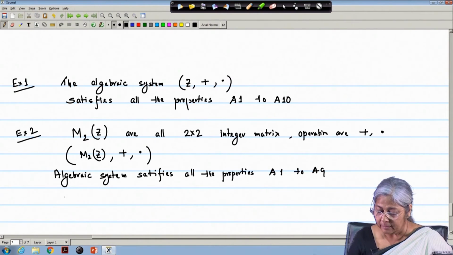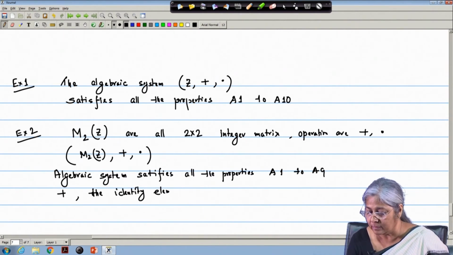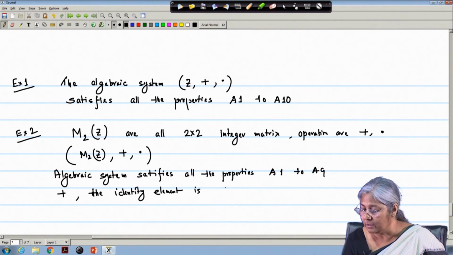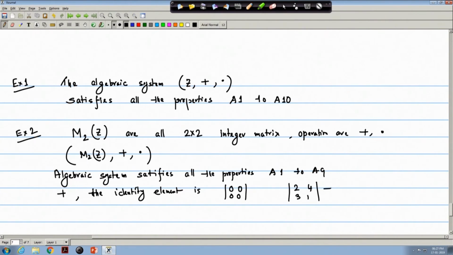With respect to addition, the identity element is the zero matrix 0 0 0 0, because if I take 2 4 3 1 plus 0 0 0 0, I will get element-wise addition, so this is 2 4 3 1.